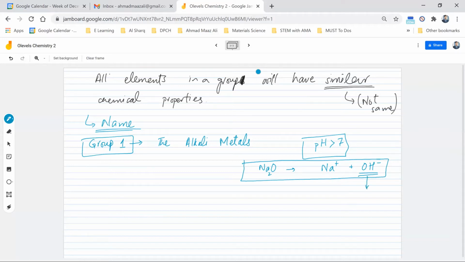This forms an alkaline solution. So that is why they're called alkali metals. All group 1 elements are called alkali metals. So next time when we talk about alkali metals, you must immediately understand that we're talking about group 1 elements.